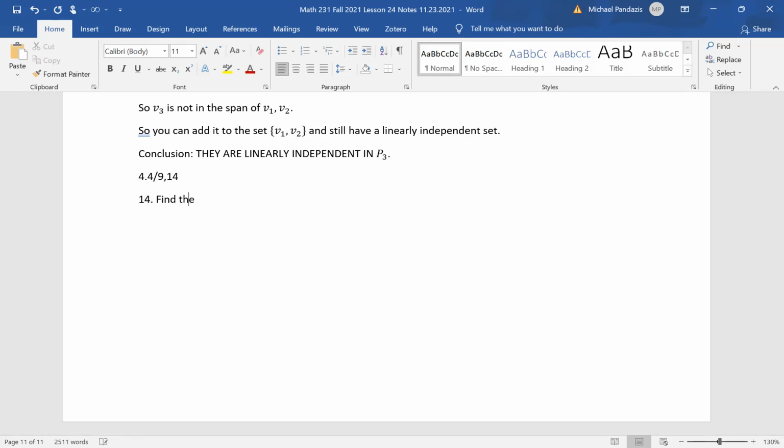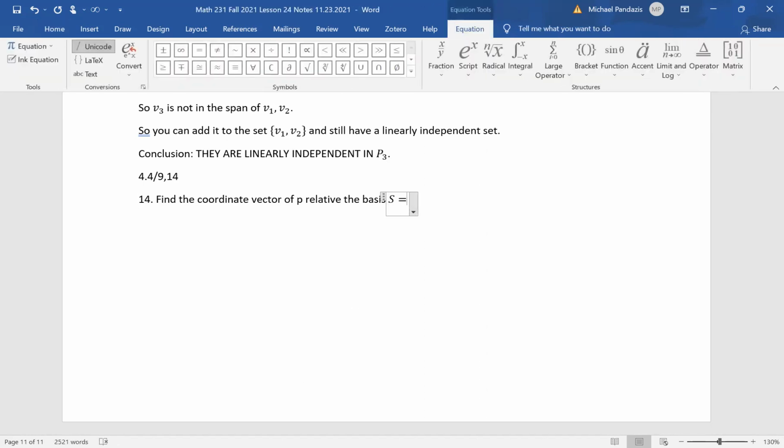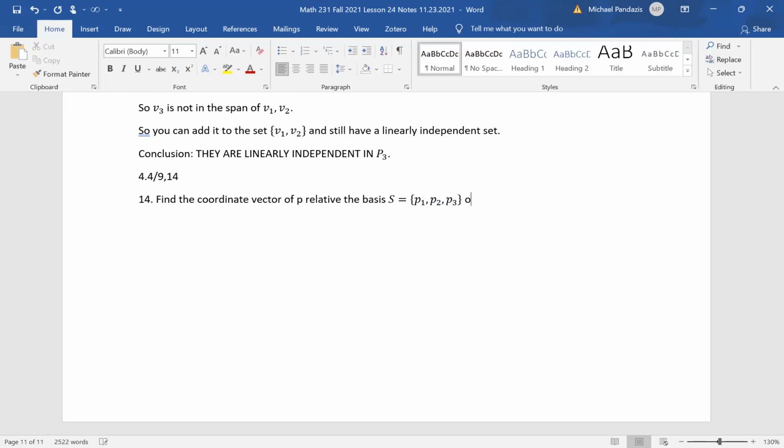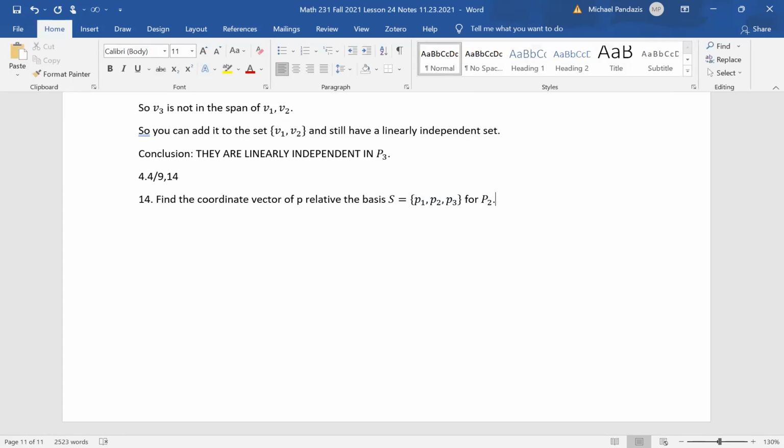Number 14 says find the coordinate vector of p relative to the basis S, which is equal to the set p1, p2, p3 for P2.